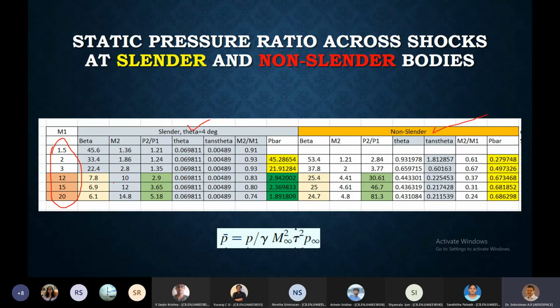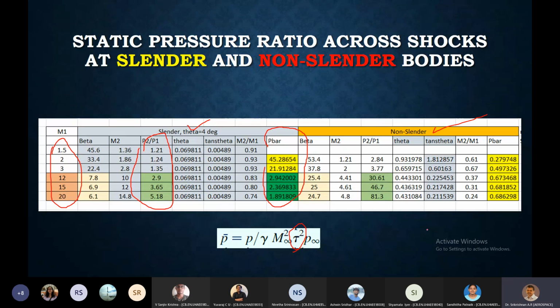So what we have here is the non-dimensional pressure, which is more important, which I have shown here as P bar, or P2 by P1, the static pressure ratio across the shock. Now you can see that P bar, which is defined as P by gamma M infinity squared tau squared times P infinity. I'll come to the tau squared factor later.